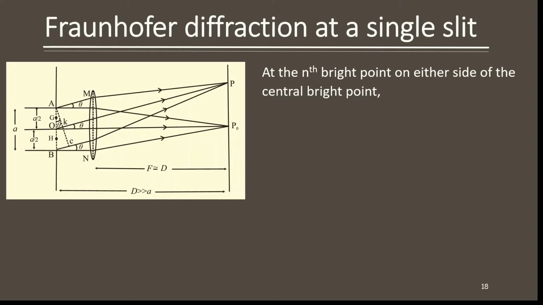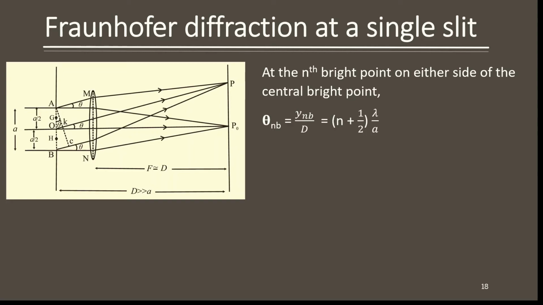At the nth bright point on either side of the central bright point, theta nb is equal to y nb upon D is equal to (n plus half) lambda upon a. From equation 3, theta is equal to y upon D. From equation 2, theta is equal to (n plus half) lambda upon a.